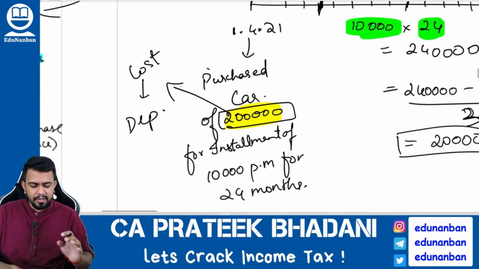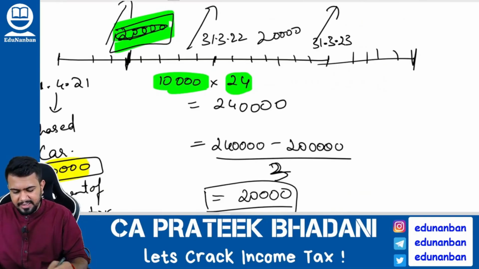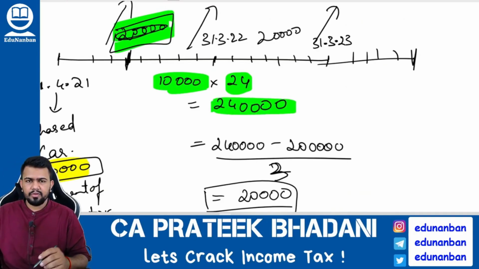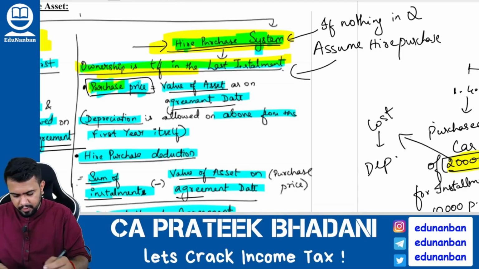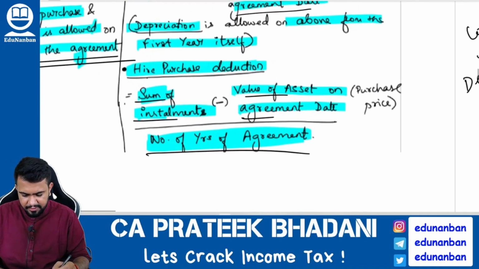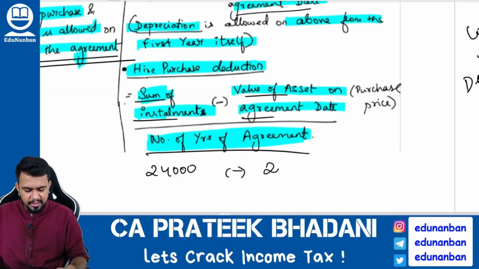Okay. Then what about hire purchase deduction? Hire purchase deduction is very simple. Put the total 2,40,000 into number of years. See, what is the sum total of all the installments? 2,40,000 minus value of asset. What is the value of asset? 2 lakh rupees divided by number of years.